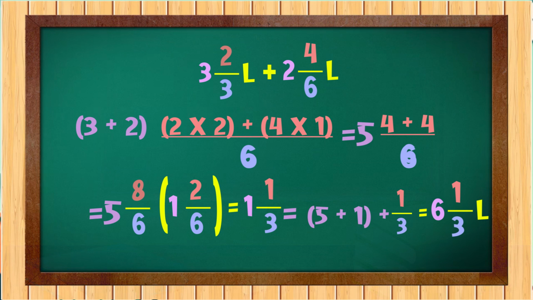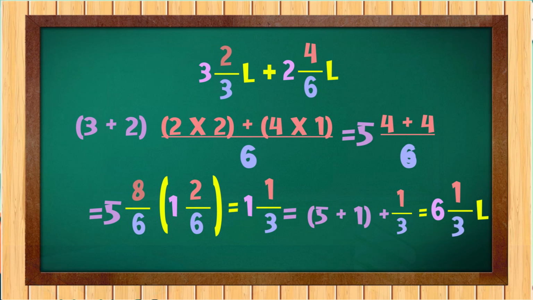Let's convert 8 sixths into a mixed number. How many groups of 6 are contained in 8? 1, with 2 remaining. 1 and 2 sixths.